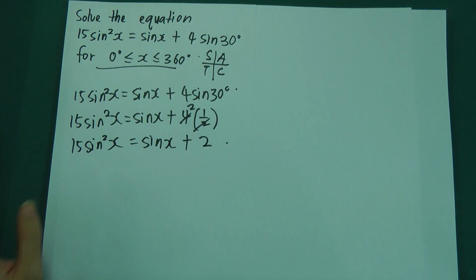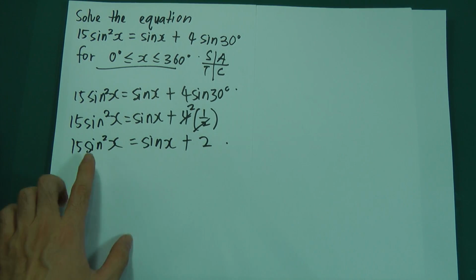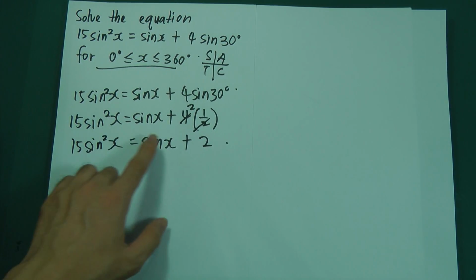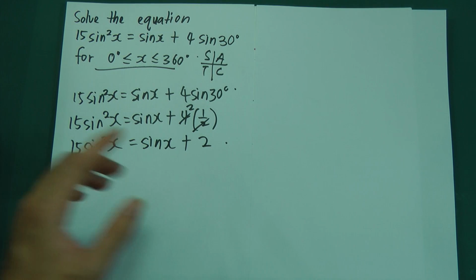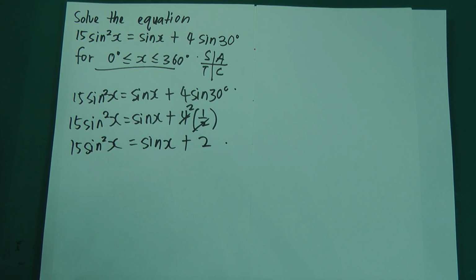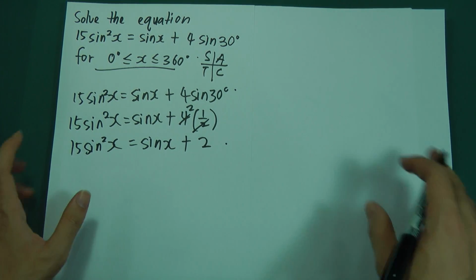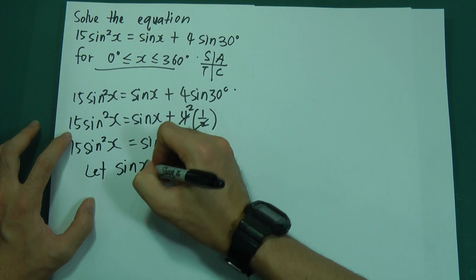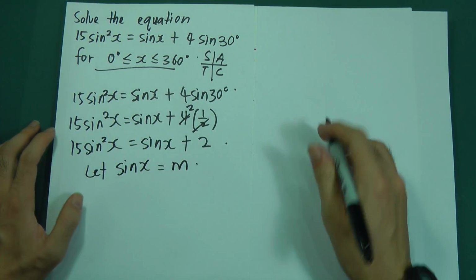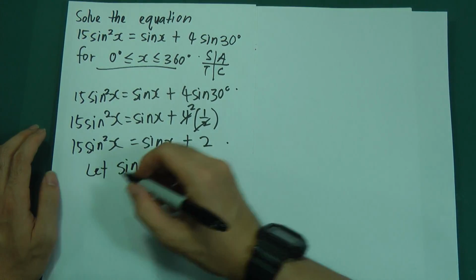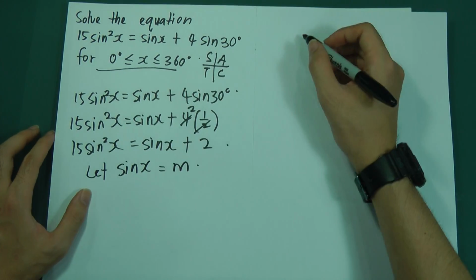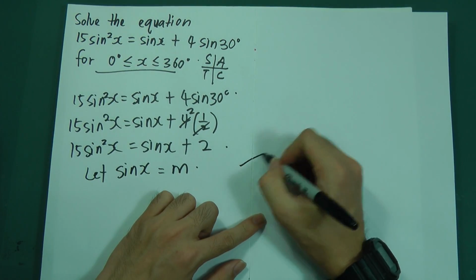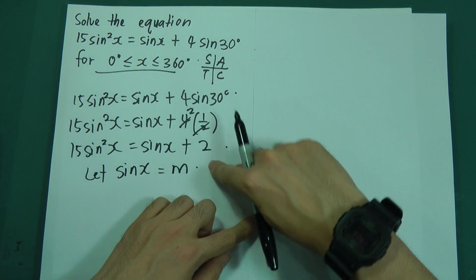Okay, then I see something related to the general form for a quadratic, which is I got sine square x, I got sine x, and then I got a number. So I know I can factorize this one. In order to help you understand better, I let sine x equal to m.